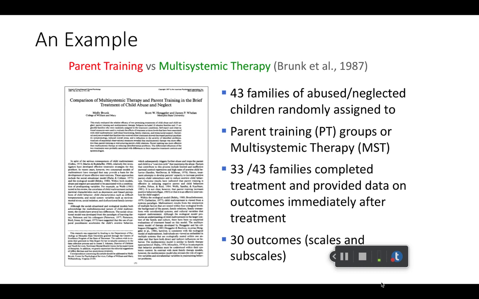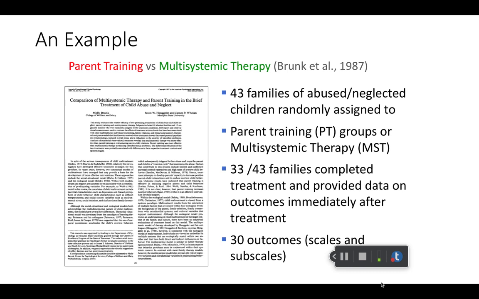Her co-author, Scott Henggeler, is the developer of multisystemic therapy, which is a home and community-based intervention for youth with problems in juvenile justice, child welfare, or mental health systems. But in this case, the sample involved 43 families of abused or neglected children who were randomly assigned to one of two treatments.